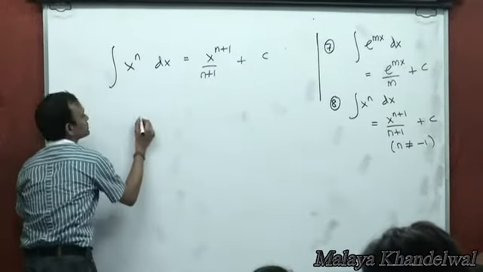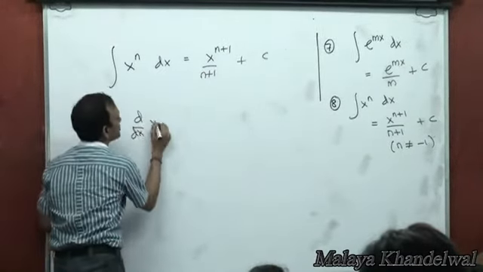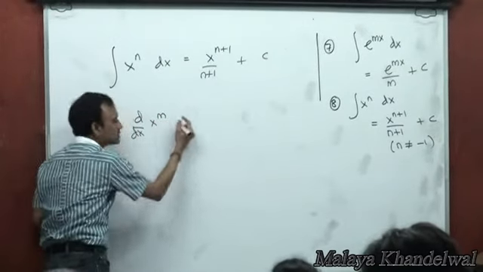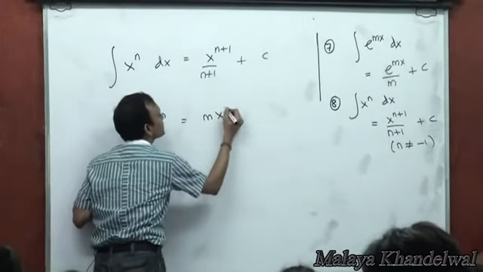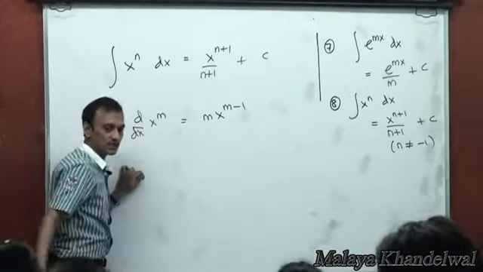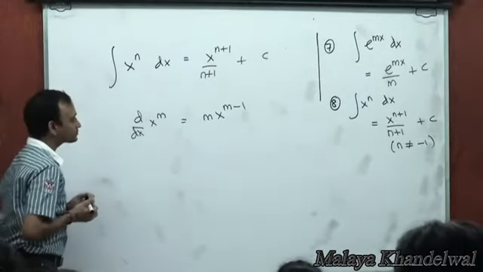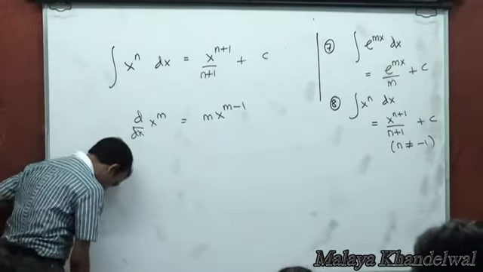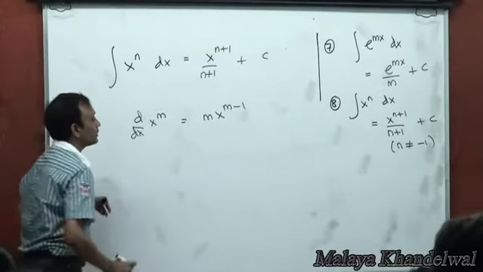Now, do you remember the result? d/dx of x power something, where something is a constant, is that something into x power something minus 1. See the result, right?